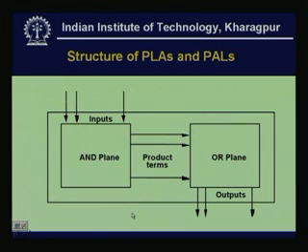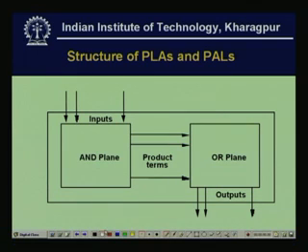So, if we see the structure, these are my AND planes. Say there are n inputs. Then we know that the min terms, or the product terms, can be 2 to the power n such product terms.